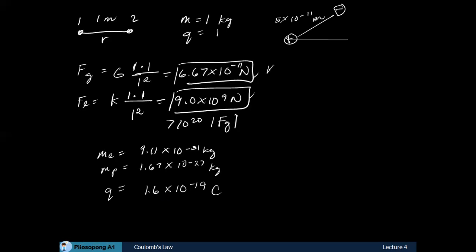So you have Fg is equal to the gravitational constant times the mass of the electron times the mass of the proton over the square of the distance.